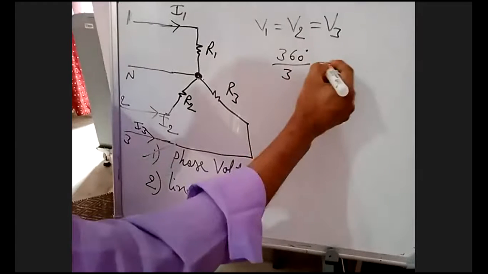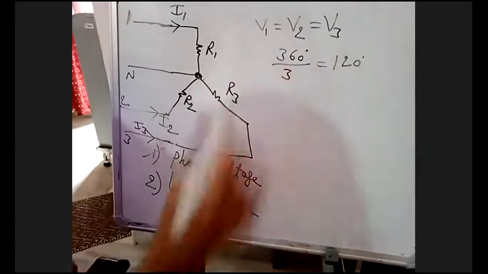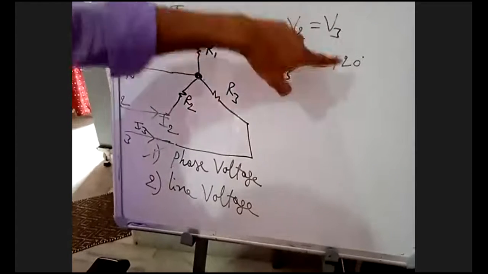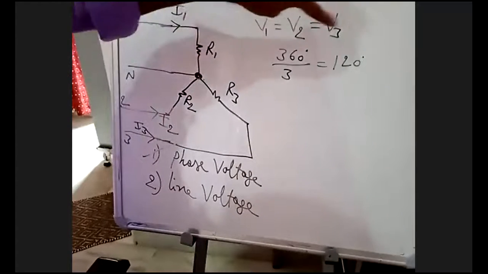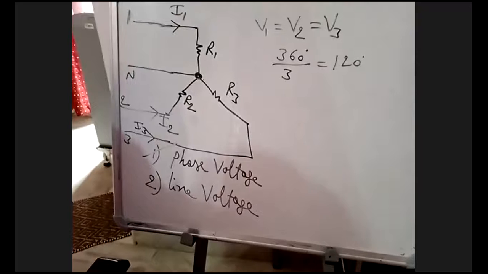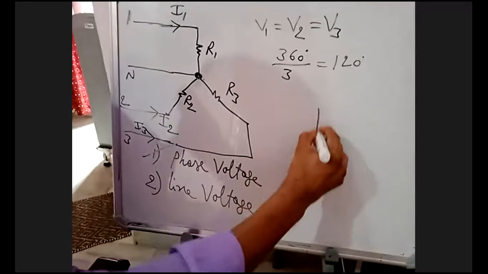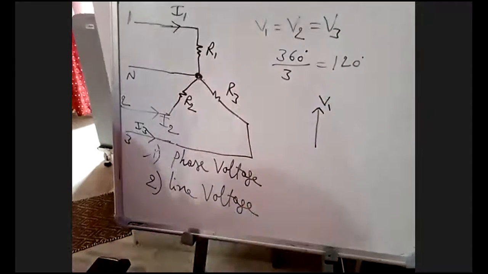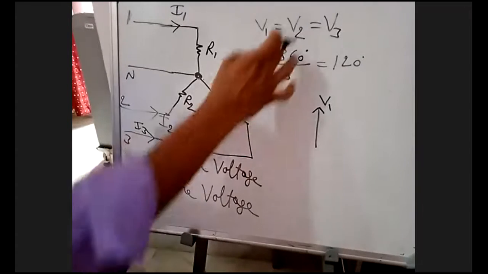What is the angle? The angle in between any two phases is 120 degrees. Now I am taking V1 here, the positive phase voltage. Now I am taking V2.